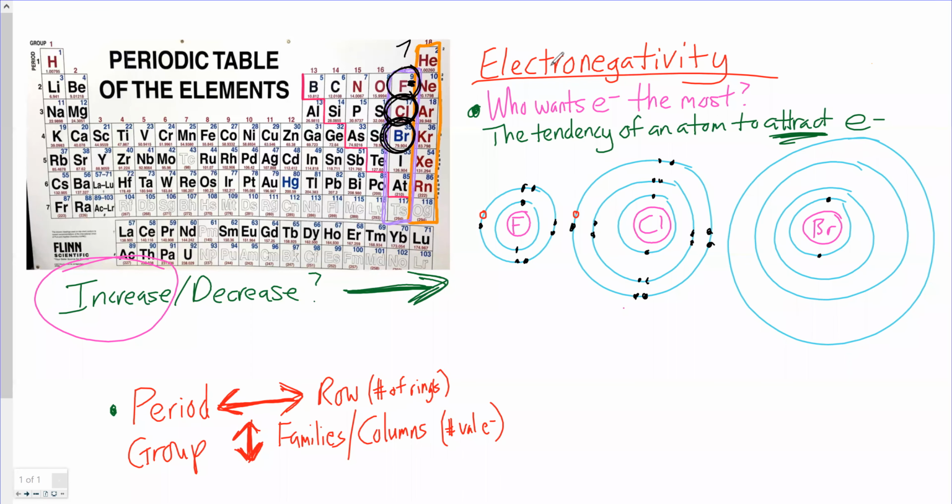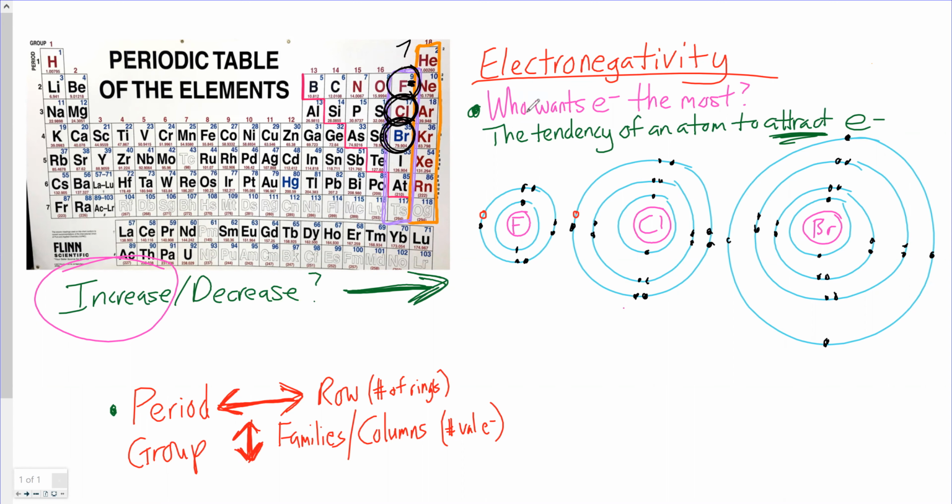While you're doing that, I'm going to go back and fill in bromine. This one would have 8 because we know this shell is full. We have to fill it up before we can go to the next one. And then this one would also be full. And this last ring would have how many?